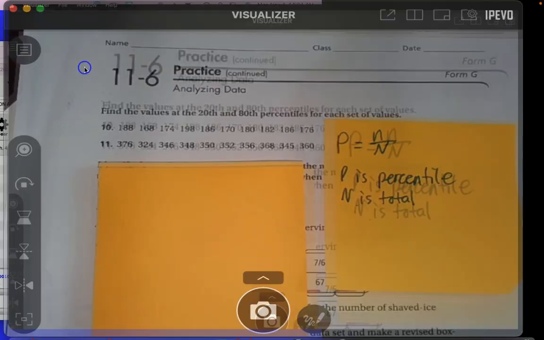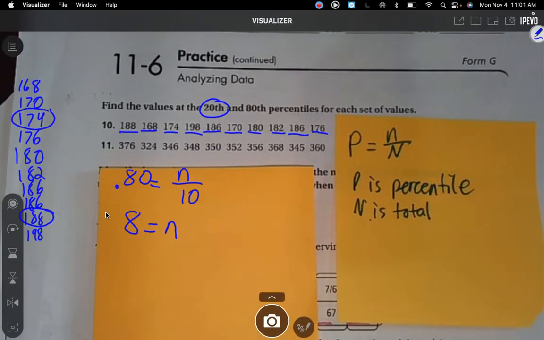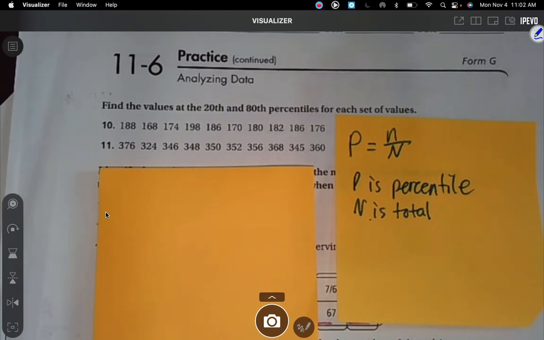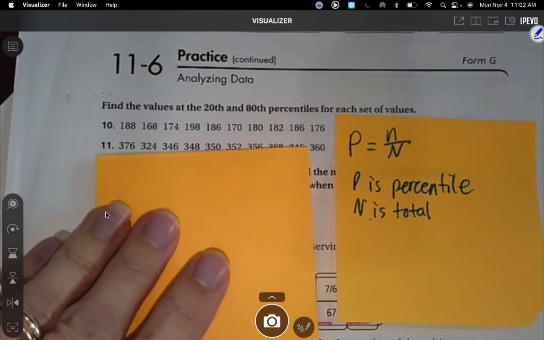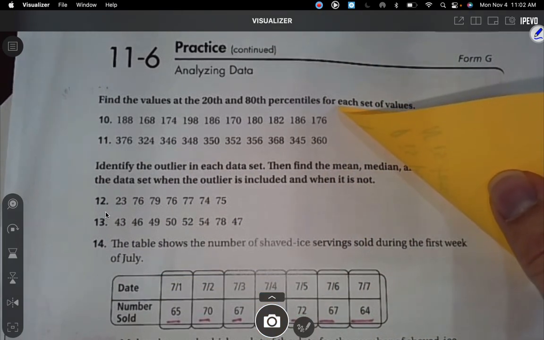I can't get that. There it goes. Okay. We'll do another one. You want me to do another one? Yes? Okay. I'm going to leave my little formula up there. I'll erase this. Let me find one. I think that's how it's worded on your worksheet. Let's see. That's asking for something different.